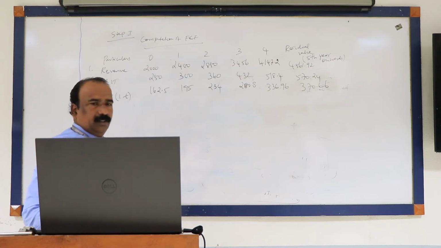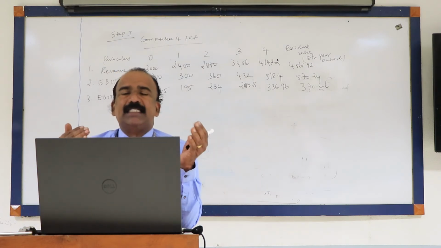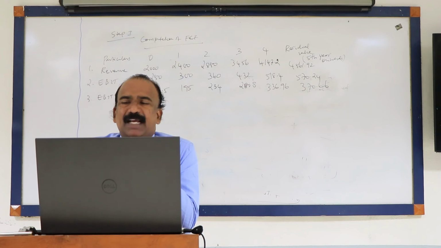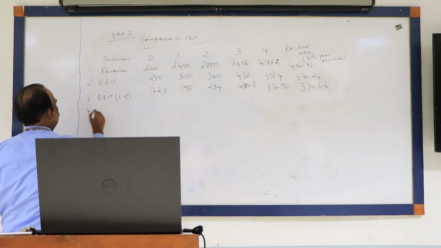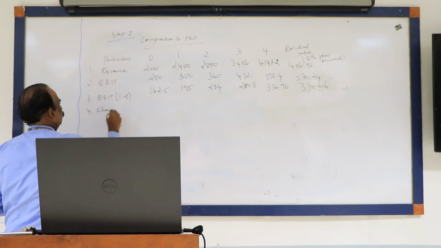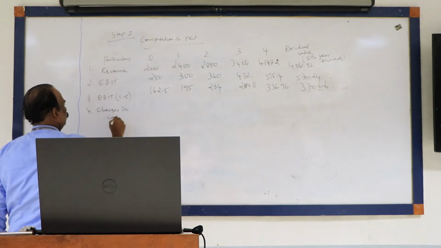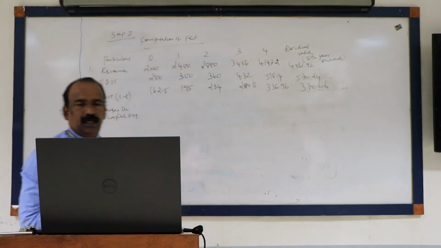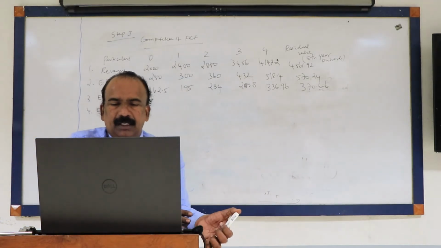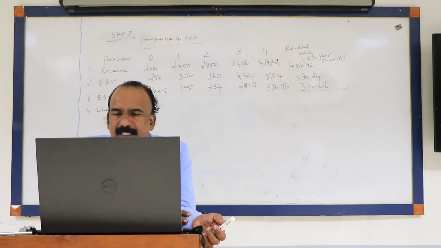Now from this first one, we need to subtract changes in capital expenditure and changes in working capital to get free cash flow. So first, changes in capital expenditure. As per the base year information, capital expenditure is 200, depreciation is 120.